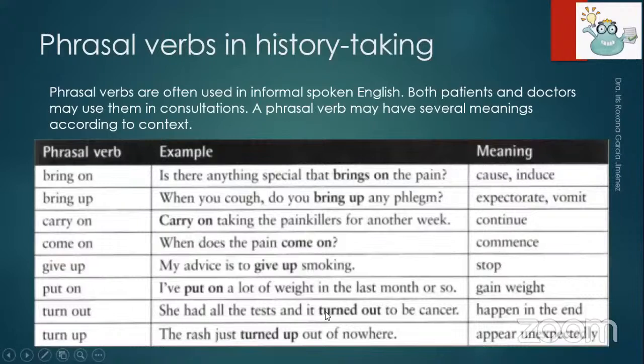So you can see it turned out is easier to understand, to get it in a very comfortable way, the easiest way to talk about the situation with our patient. Turn up. The rash just turned up out of nowhere. Appear unexpectedly, without an order, without organization. The rash just appeared out of nowhere.